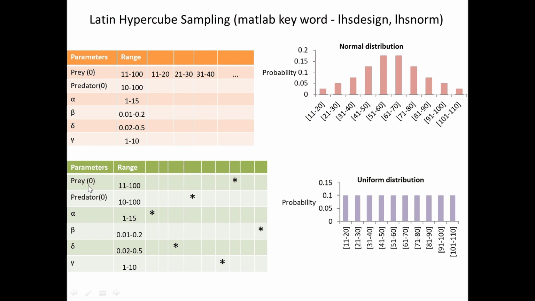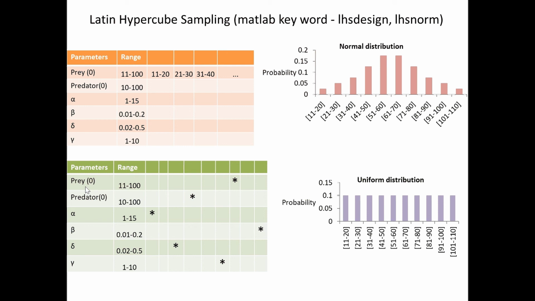Let's say for the prey concentration initial value, we pick this value. The same for predator initial concentration, we pick a value somewhere in the range, and we do that for every other parameter. Once we have a value picked for all the parameters, we run the simulation, and we do this running of the simulation several times by picking different values randomly within the ranges for the parameters.